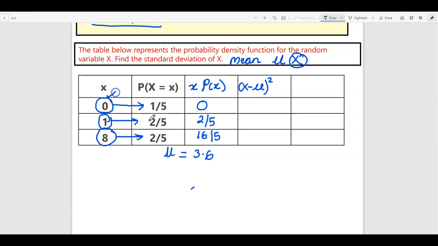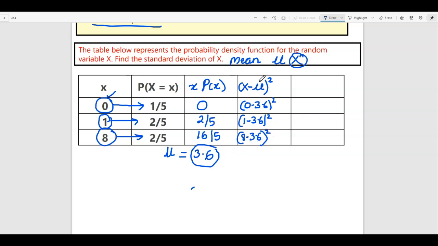So this is my x, this is my mu. It is 0 minus 3.6 squared, 1 minus 3.6 squared, 8 minus 3.6 squared.